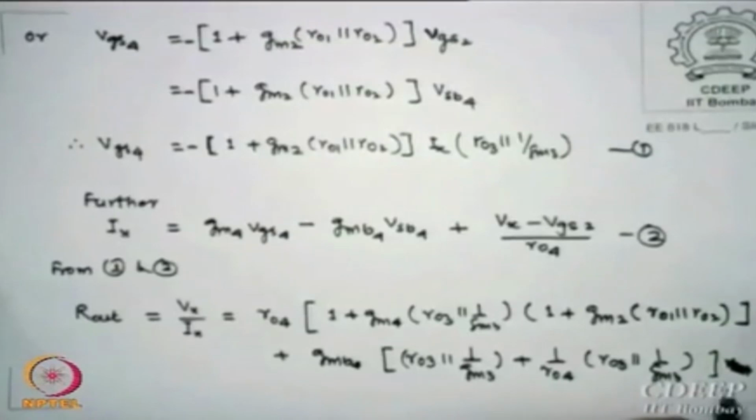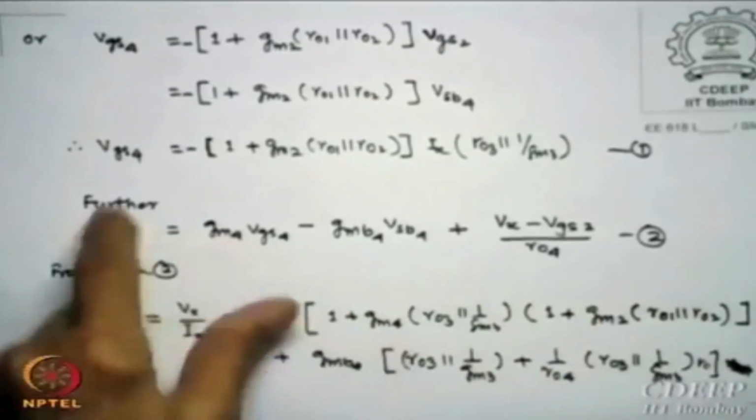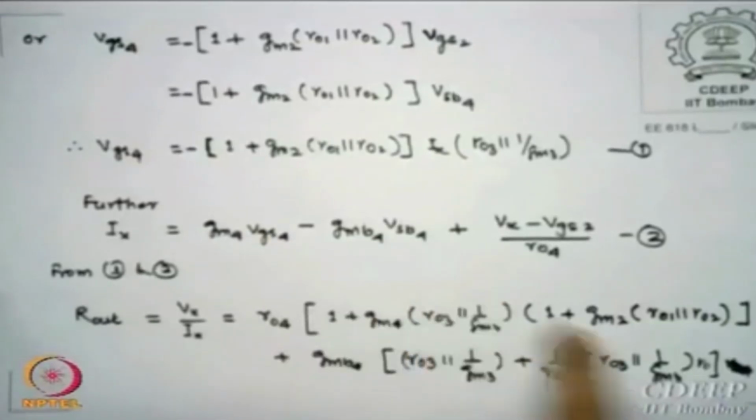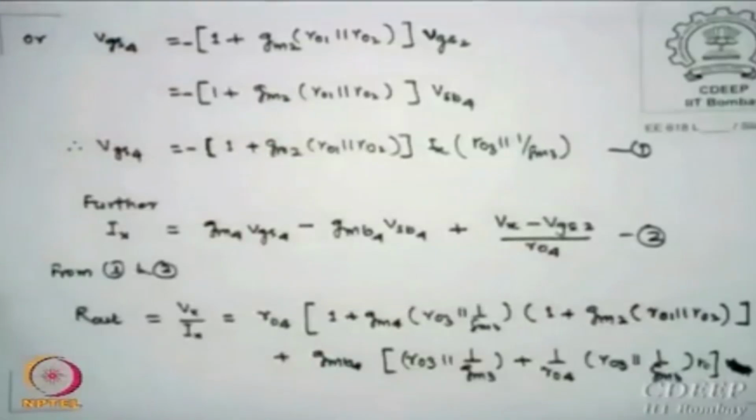No, this is gm ro, the gain, so some ro will be there, okay. So check it. What I did on paper, I actually substituted VGS4 and VSB4 in terms of Ix again, and then I collected Vx and Ix terms and divided. This is what I did, so this is what I got.